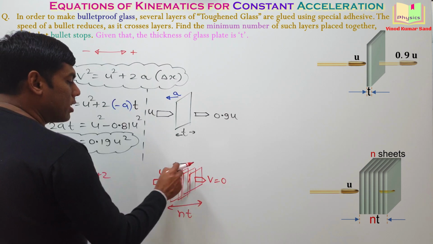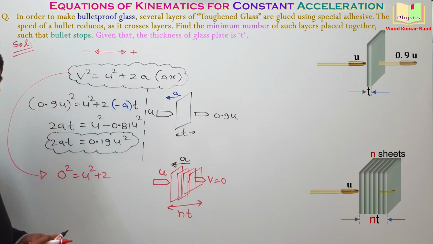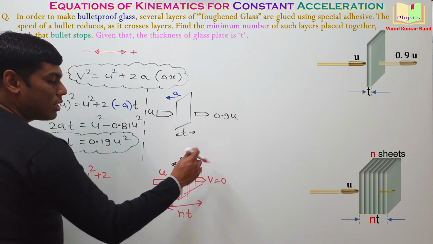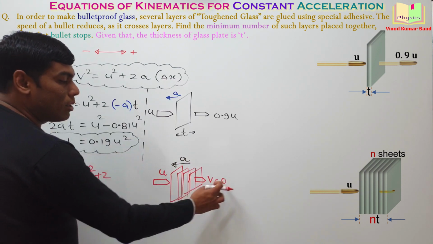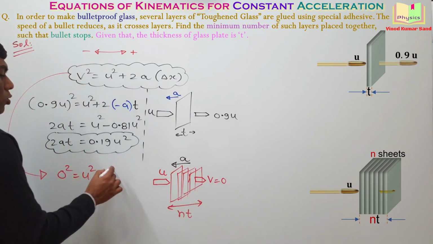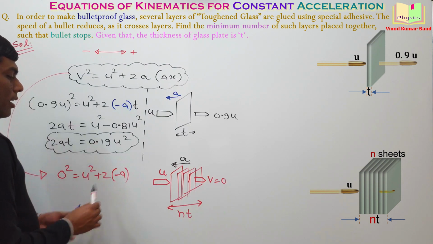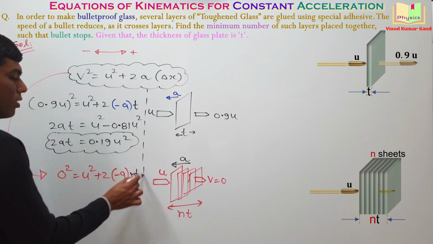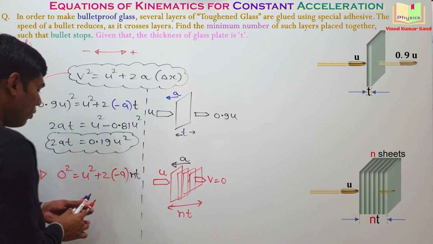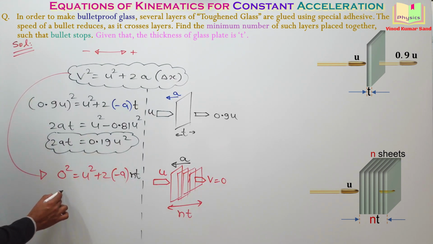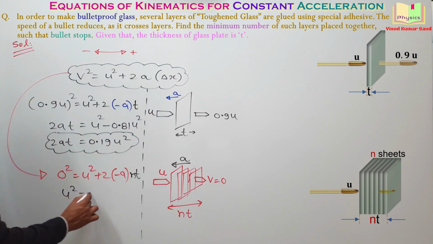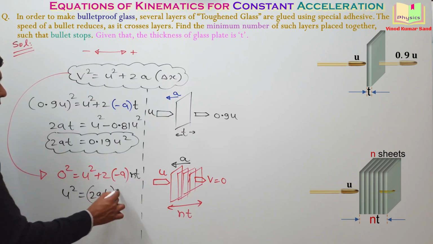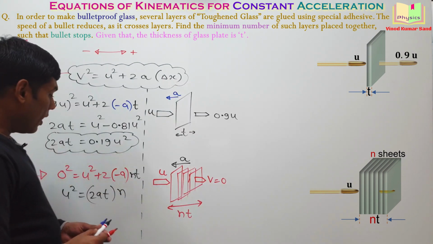Here also the acceleration of the bullet is directed in this direction, because when the velocity and acceleration are opposite, then only the bullet will slow down. So 2 into minus a, and here we should write nt. Do you agree? Now in this expression we can write u square is equal to 2at multiplied with the n.